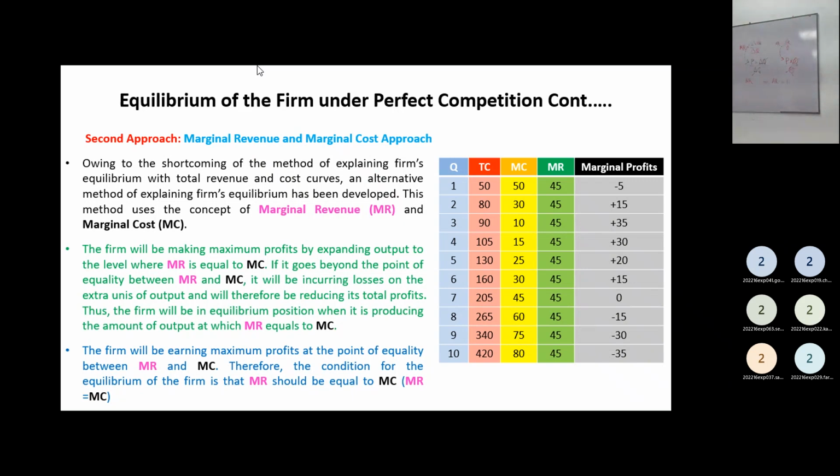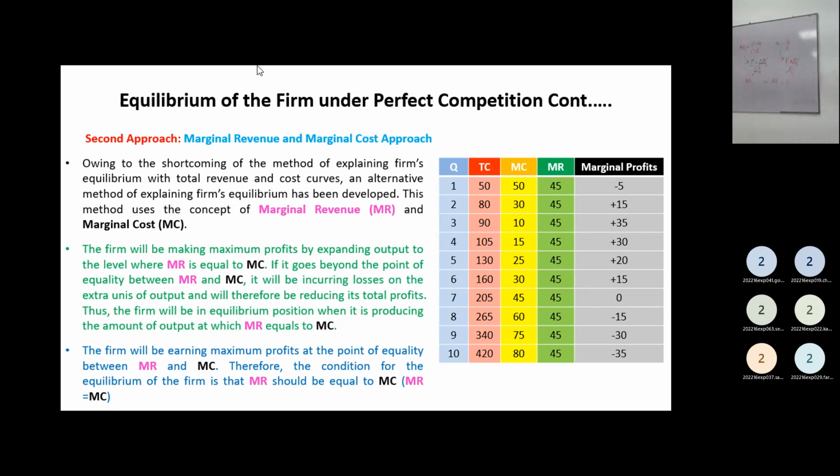Then the other one: you are going to produce an additional unit and you have to incur 45 as an expenditure, and you are getting 45 as an income. Will it be okay? So you don't have any enthusiasm to produce more. Why?